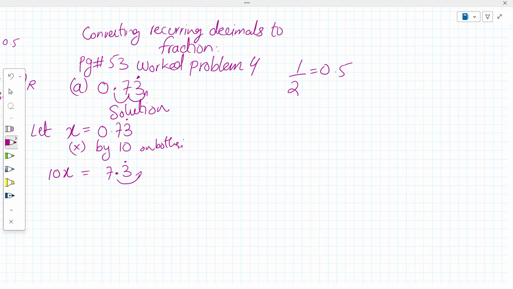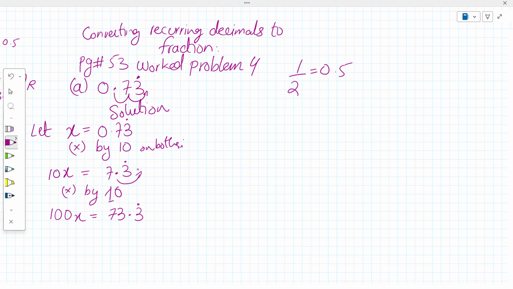So we are going to move it further so that the decimal moves one more place to the right. So we multiply again by 10. So the value is 100x equals 73.3. Why are we noting that 3? Because it is a recurring decimal and we have to show it properly.